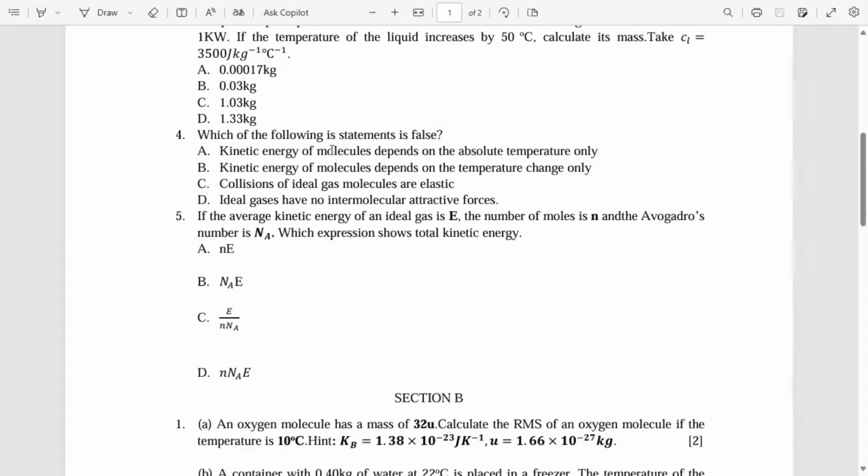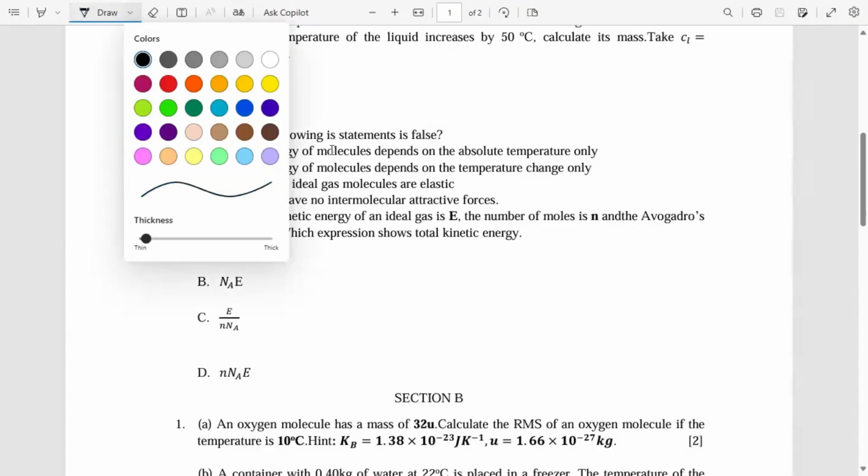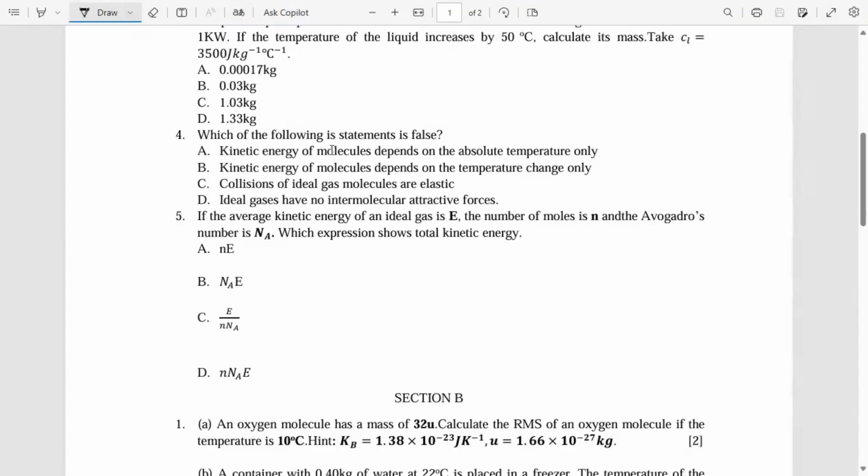We even used this formula: the average KE is equal to 3/2 kB, which is the Boltzmann constant, multiplied by T, of which T is the absolute temperature in Kelvin. So you can tell that the average kinetic energy of a gas molecule is directly proportional to the absolute temperature in Kelvin.